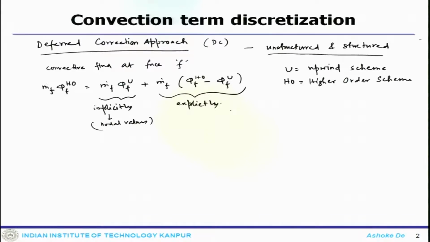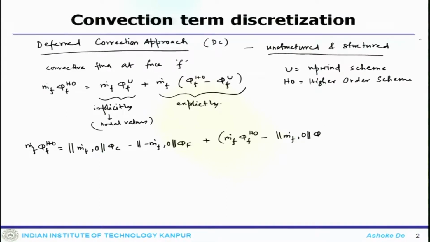Now, in terms of nodal values, this equation can be written as m dot f phi f higher order equals m dot f 0 phi c minus m dot f 0 phi f plus m dot f times (phi f higher order minus m dot f 0 phi c plus m dot f 0 phi f), which will get you flux C f phi c plus flux F f phi f plus flux V f.